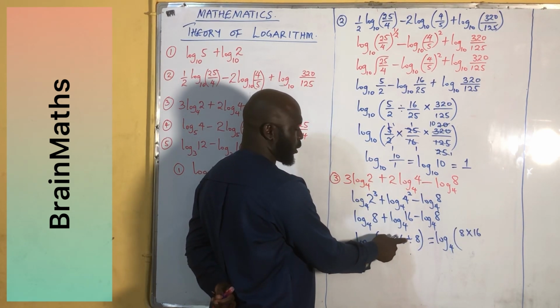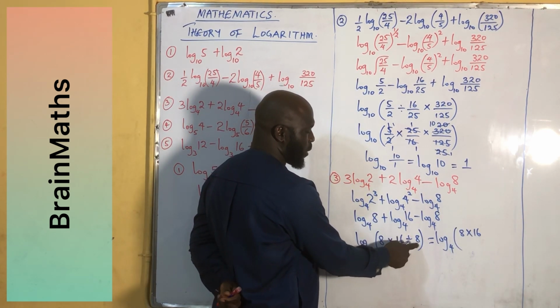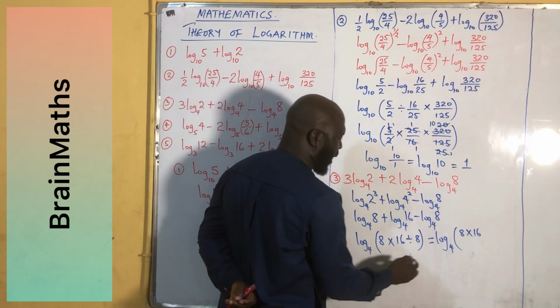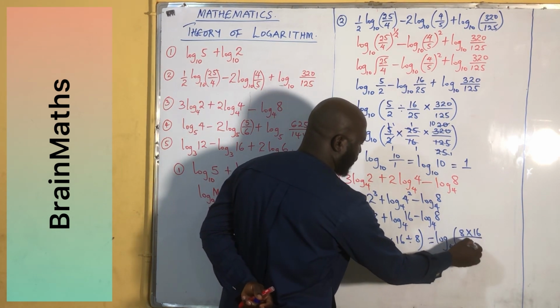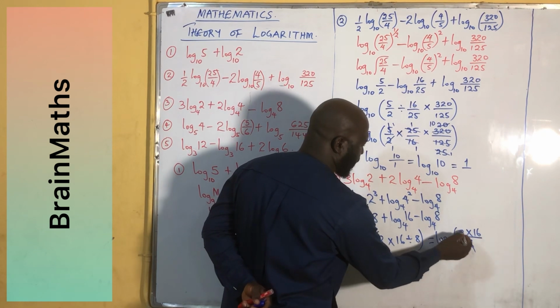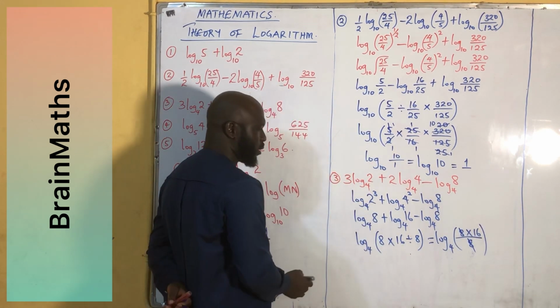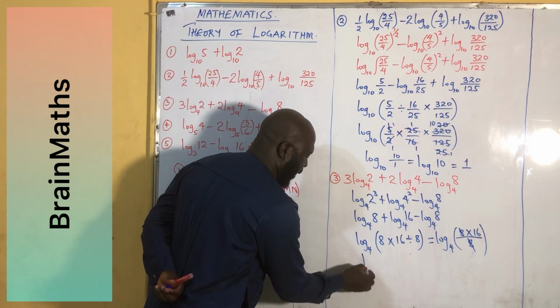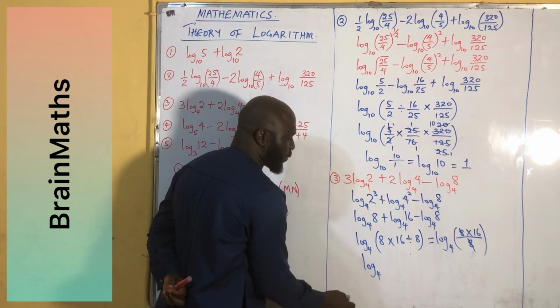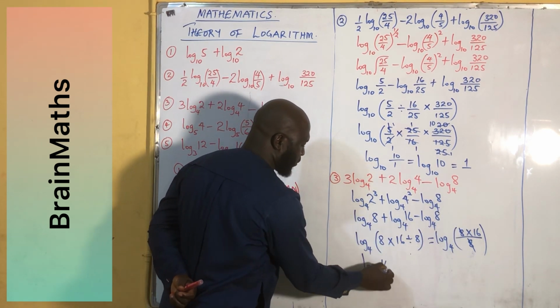This one is going to change to times, and that will make this become 1 over 8. And that is 8 cancelling out 8 on the numerator and the denominator side. So we have logarithm in base 4 of 16.